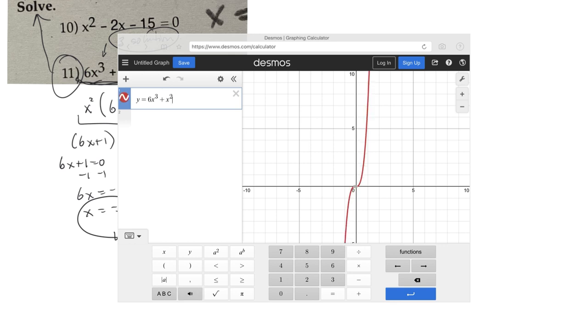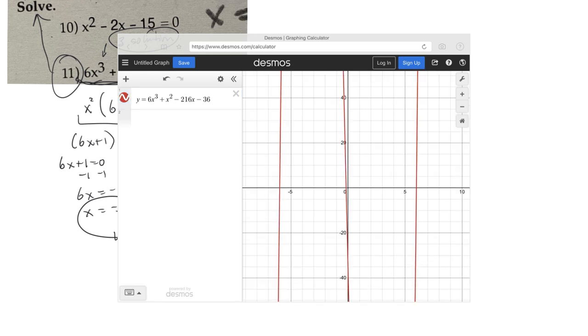And then it was minus 216x and a minus 36. I think that was right. Okay, good. So now I can take a look at this and see where those numbers cross.